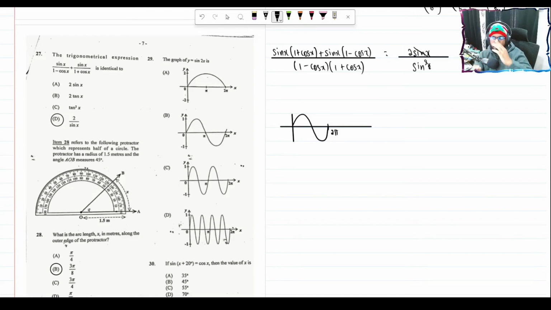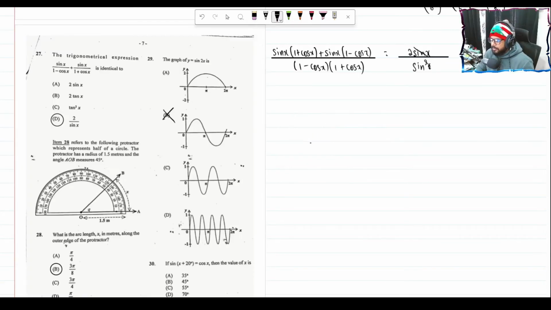Which means if I close in the graph, then I am making 2 revolutions in every 2 pi radians.